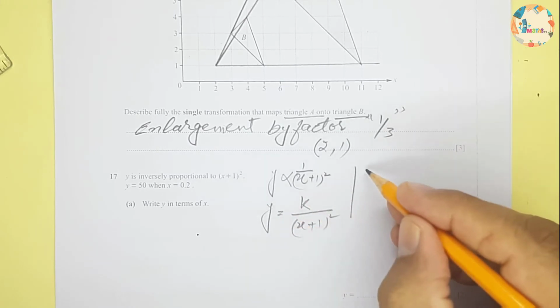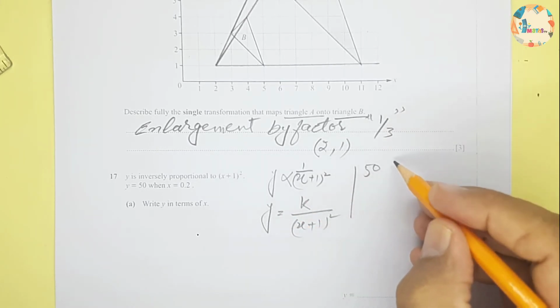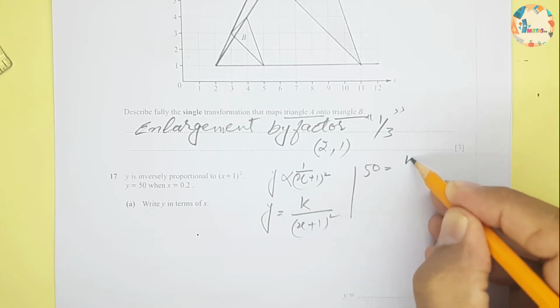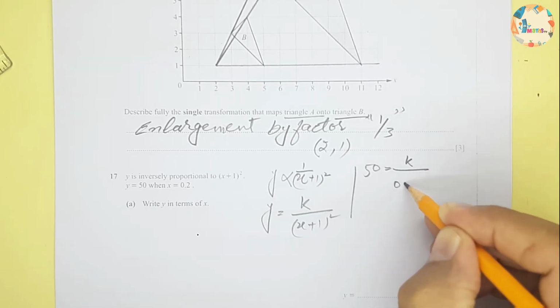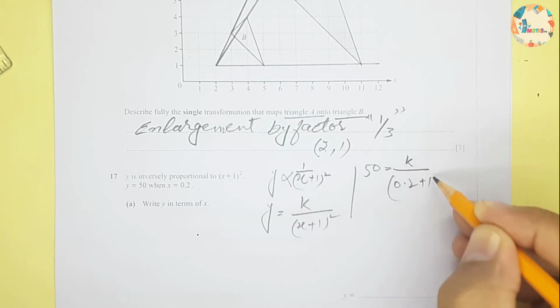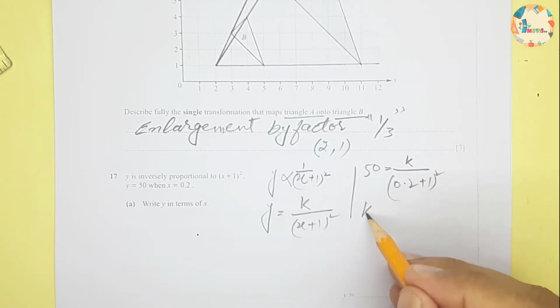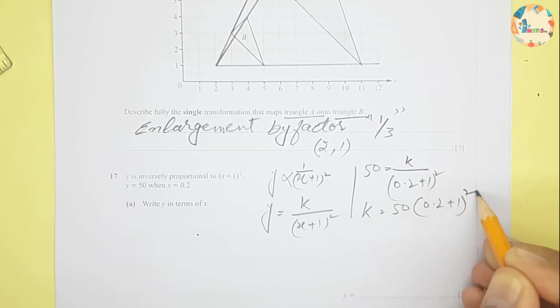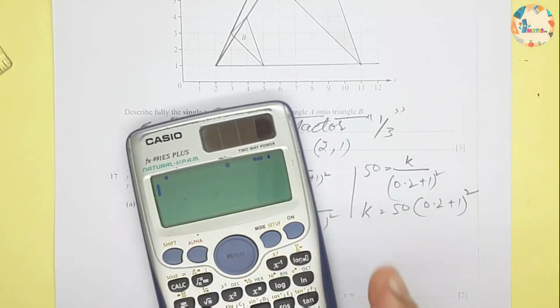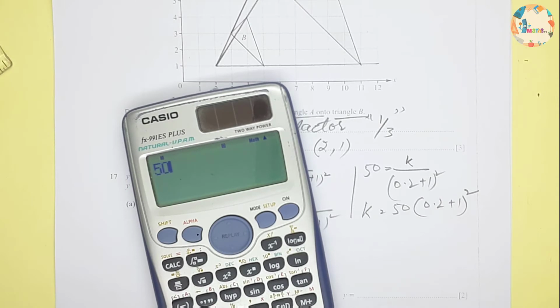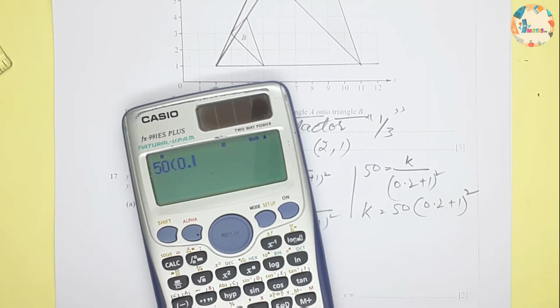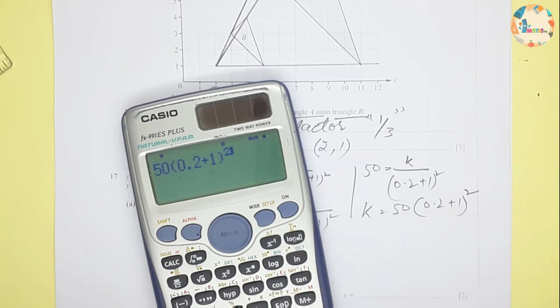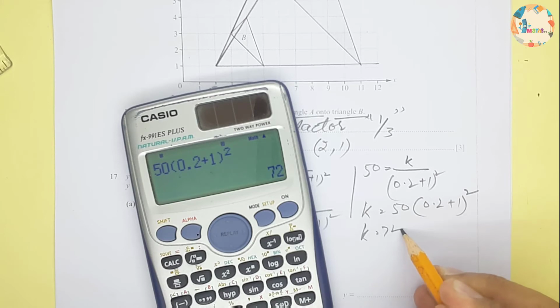So k over (0.2 plus 1) whole squared. So k will be equal to 50 into (0.2 plus 1) whole squared, and this will be equal to 72. So the k value is equal to 72.